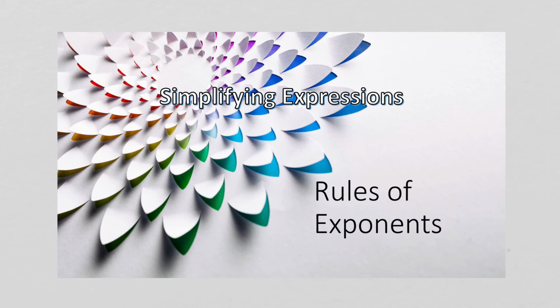So this is example A. And here we're looking at rules of exponents. So your exponent rules that you need to focus on are: x to the m times x to the n is x to the m plus n.